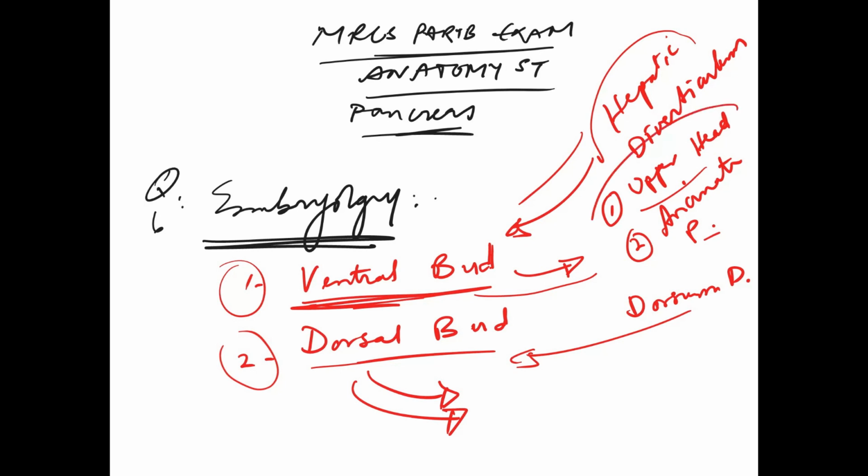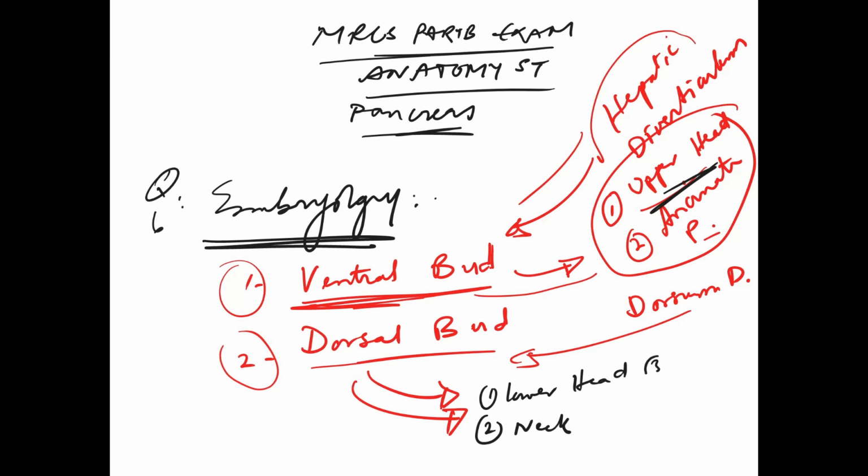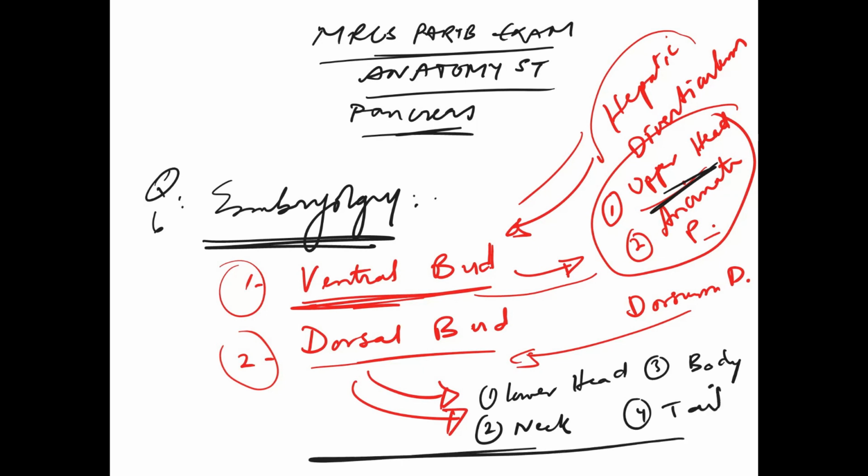Anything other than those two is formed by the dorsal bud. So the upper part of the head is formed by the ventral bud, and the lower part of the head by the dorsal bud. Number two, the neck. Number three, the body. Number four is the tail. So this is the embryology of the pancreas in very simple words.